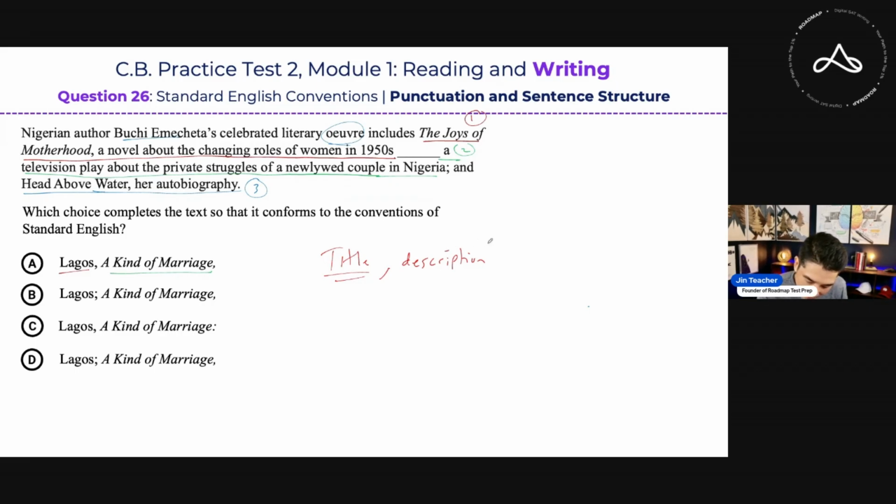Can you guys see that? So that's the pattern here. And then we have a semicolon to separate item 1 from item 2, and then a semicolon to separate item 2 from item 3.